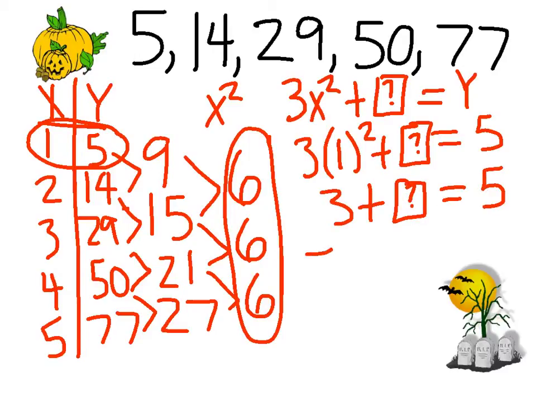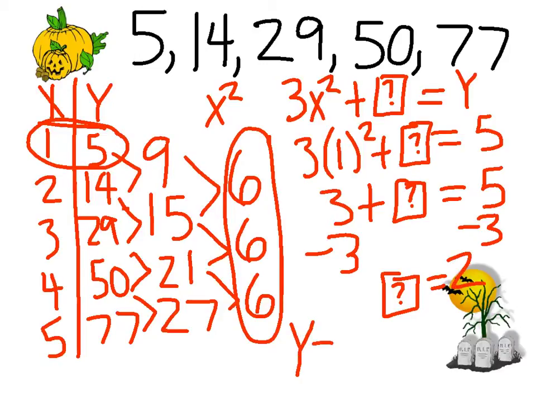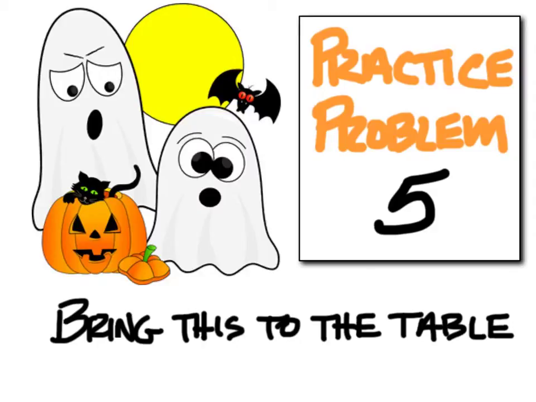On the right we have 5. We need to subtract 3 from both sides. So our number is going to be equal to 5 minus 3, which is 2. So our whole entire function will be y is equal to 3x squared plus 2.